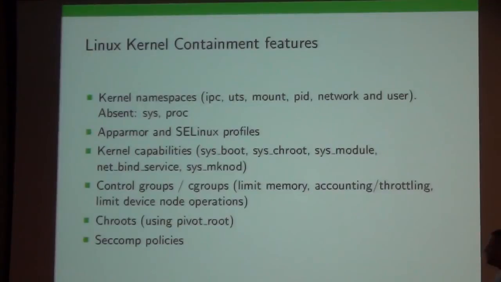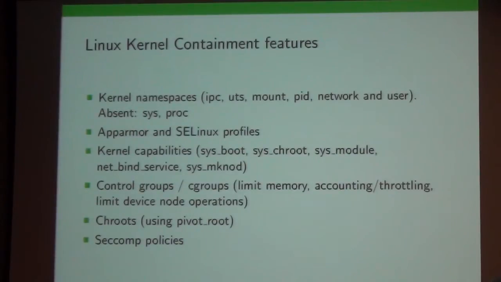Control groups, or cgroups, give you the ability to limit memory. They give you access to kernel accounting and throttling, and LXC uses them for device node operations. I think by default LXC gives you the ability to create anything, but not to read or write to them.